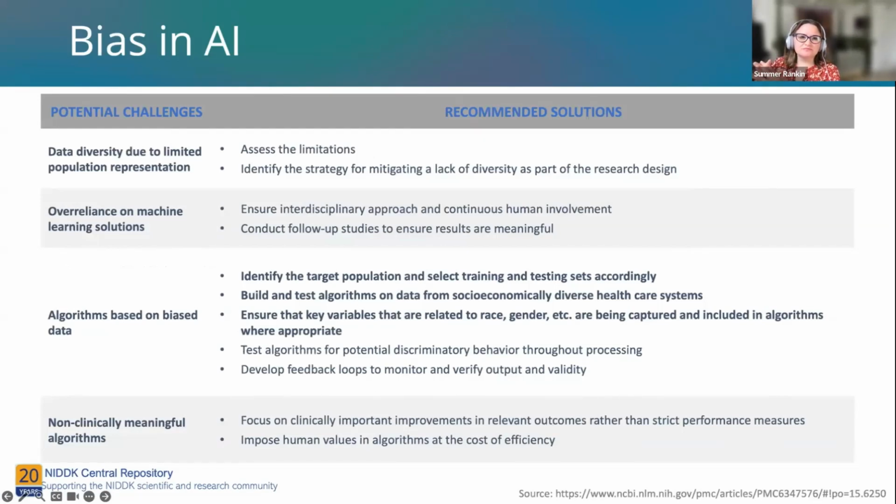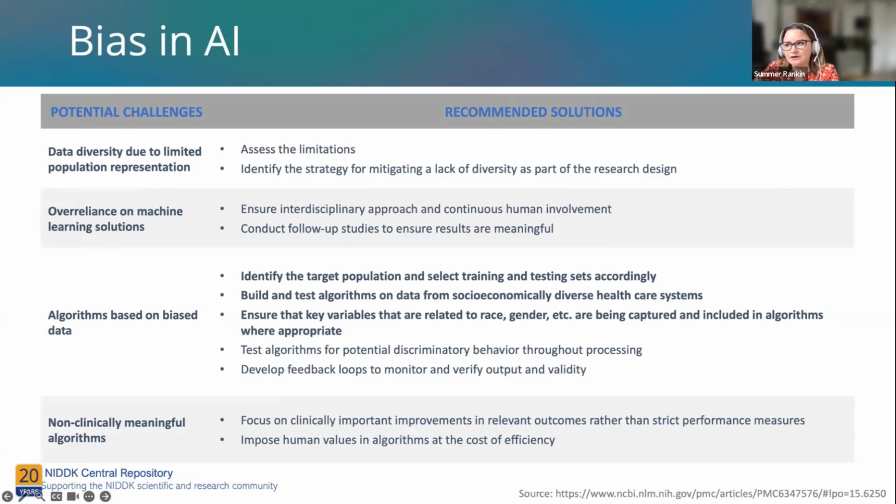So now how do we mitigate these challenges? How can we solve it? And those examples actually included some of those solutions, which is a great one. And we have other things like, if we have a data diversity problem, right? If we don't have the diversity in the data that matches the population, then step one is to assess those limitations. Step two is to identify a strategy to mitigate that as part of the research design.